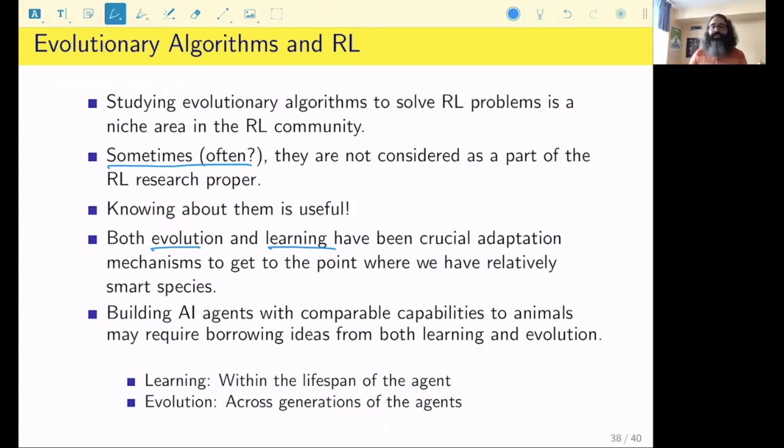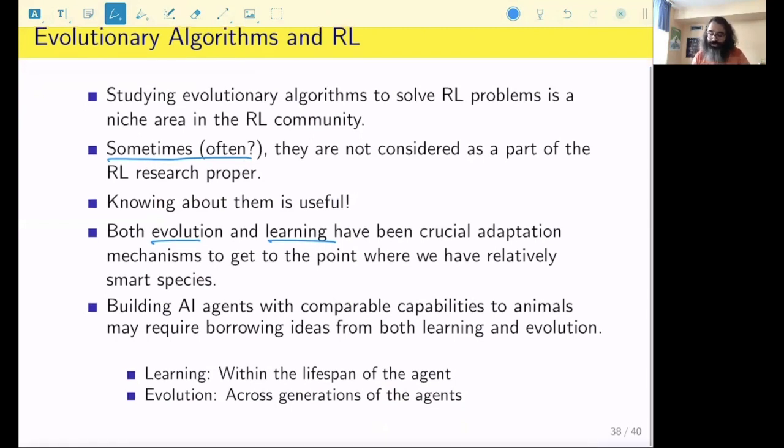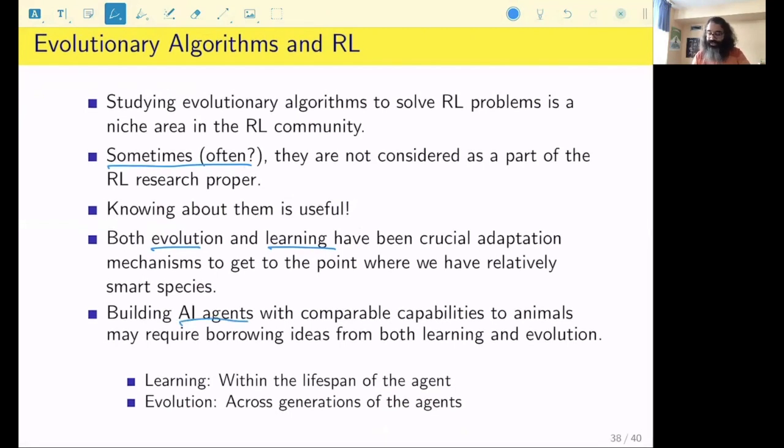So if our goal is to design AI agents that have capabilities comparable to animals or humans, we may need to borrow ideas from both evolution and learning: maybe use learning for adaptation within the lifespan of the agent and evolution across generations of agents.